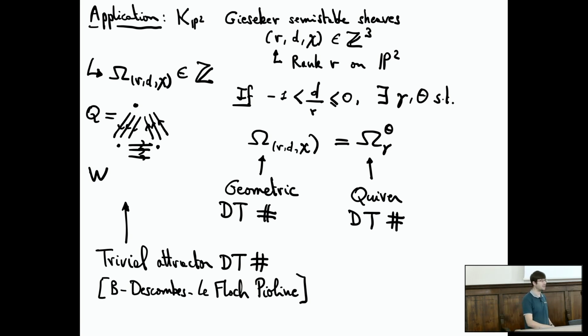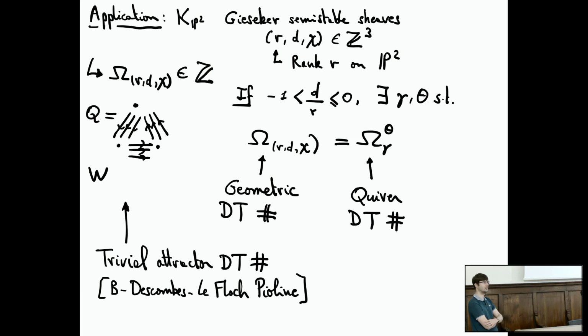But if I want this particular quiver corresponding to a particular exceptional collection, if I want to arrive there without crossing any wall, I need some restriction on the degree and rank of my sheaves. And it happens that this condition works for this particular quiver. Yeah, so I think this trivial attractor DT property is mutation invariant, so it should not matter.